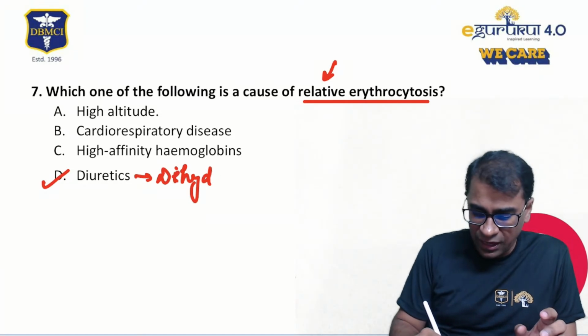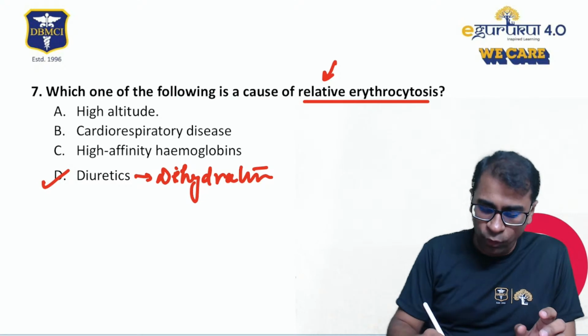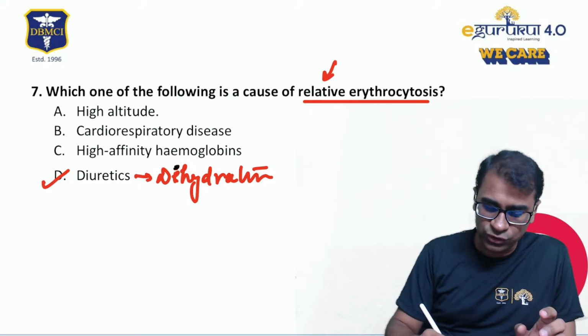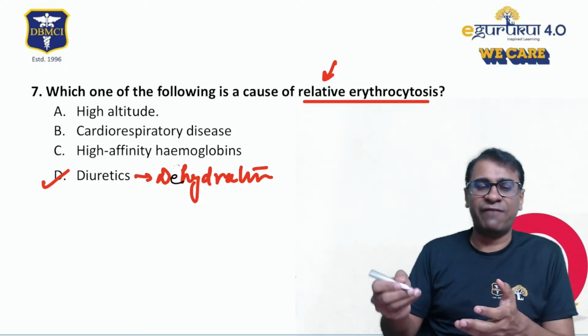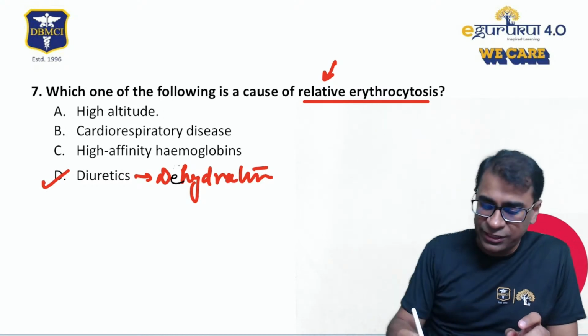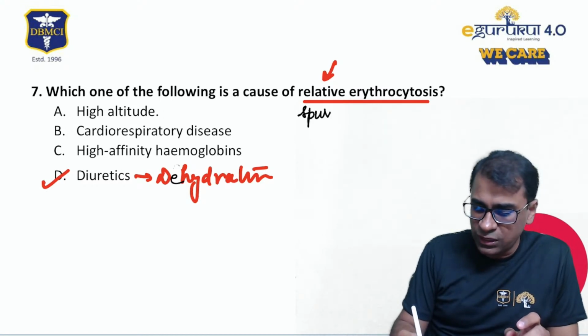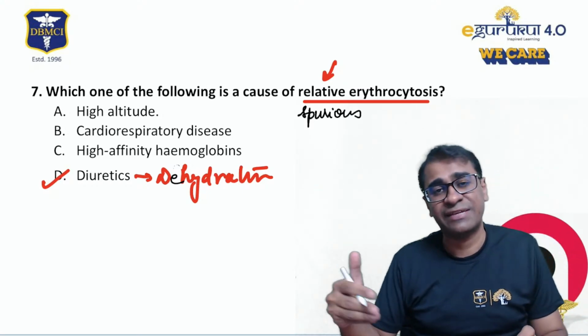Dehydration. Had the question not been asking about a cause of relative erythrocytosis and had been just erythrocytosis, I would have answered A, B, and C, all of them. Because the question asks you relative, it talks about a spurious cause. And the spurious cause can be seen in dehydration or also in severe burns.